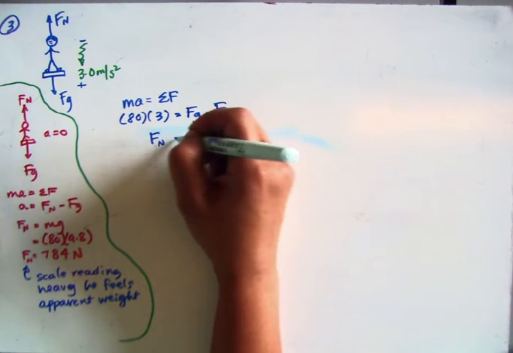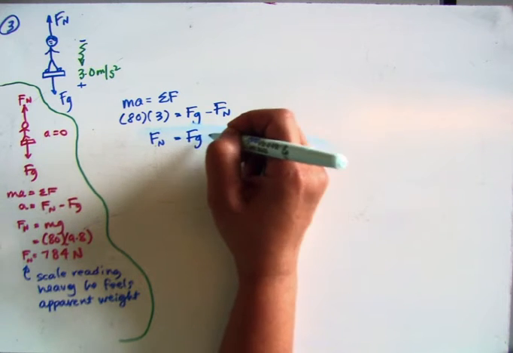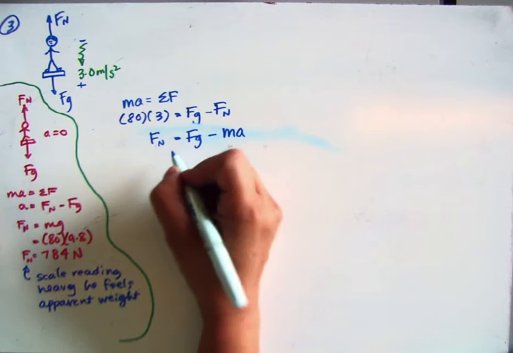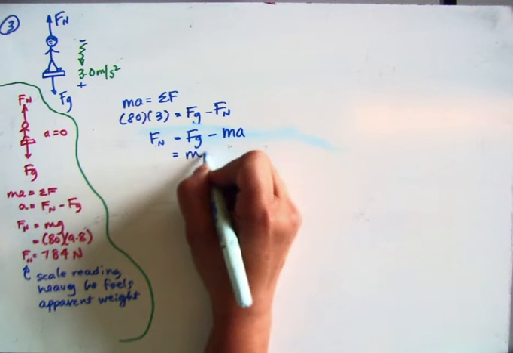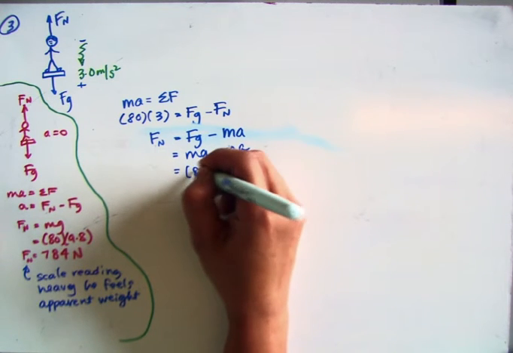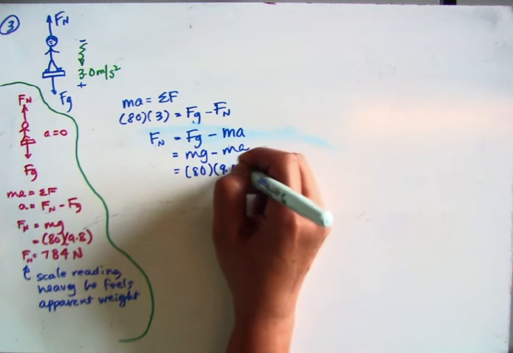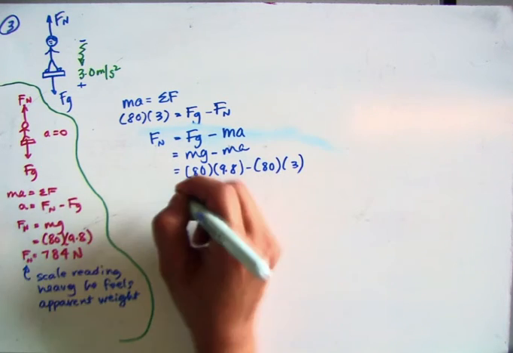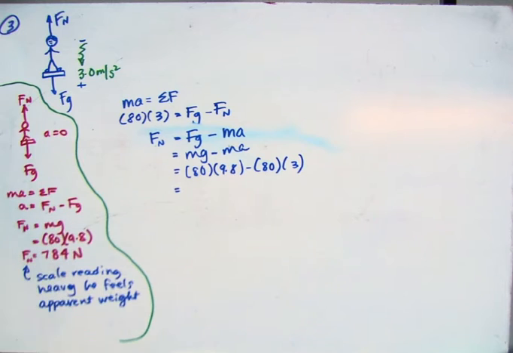Fn is going to equal Fg minus, and I'll just call it MA for now. Plug the numbers back in. So really what we're doing here is mg minus MA, which equals 80 times 9.8 minus 80 times 3, and when you solve all that, you get 544.